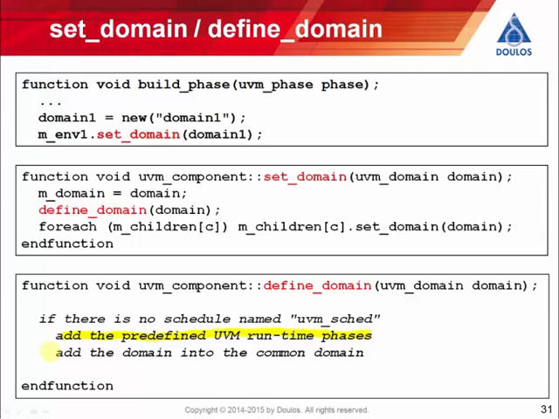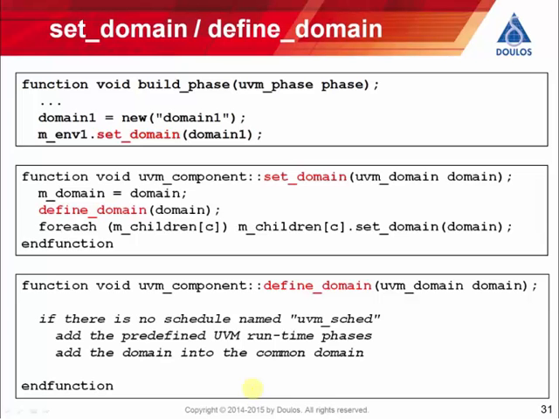And then furthermore, it adds the domain into the common domain. In other words, it synchronizes our domain with the run phase method of the common domain. By default, if you just call setDomain, setDomain calls define domain, which says there's no shed in this domain, so it adds all the predefined runtime phases and then it synchronizes that domain with the common domain. If you don't like it, you can do something else.